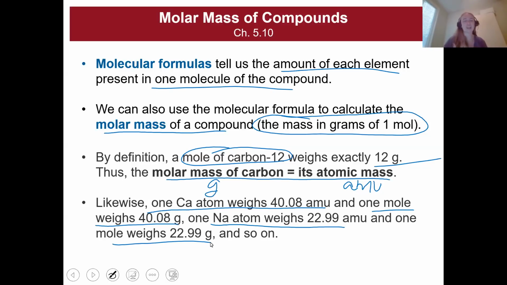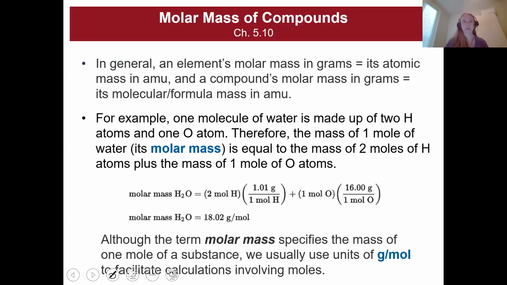You just have to understand the concept first, which I apologize for using them interchangeably before we were ready to do so. In general, an element's molar mass in grams is equal to its atomic mass in AMUs. And a compound's molar mass in grams is equal to its molecular or formula mass in AMUs.